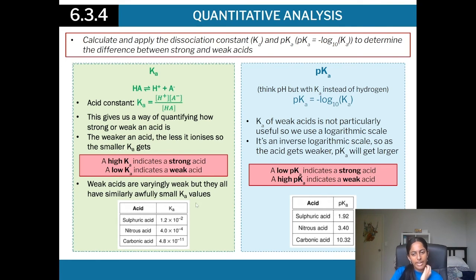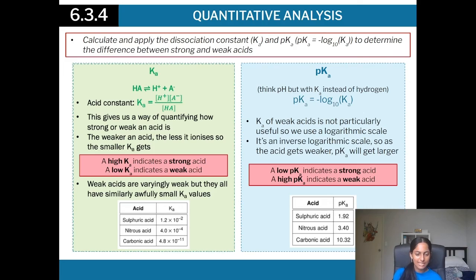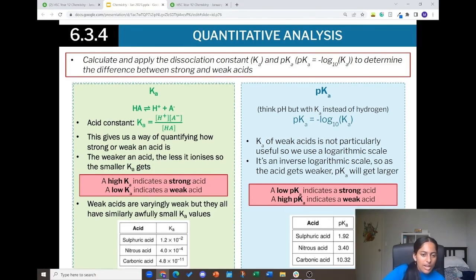And you can see over here that if we compare the different Kas and pKas of these acids, carbonic acid has the smallest Ka out of all of these three. But it has the largest pKa out of all of these three, and that's because Ka and pKa have an inverse relationship. So hopefully that makes sense.